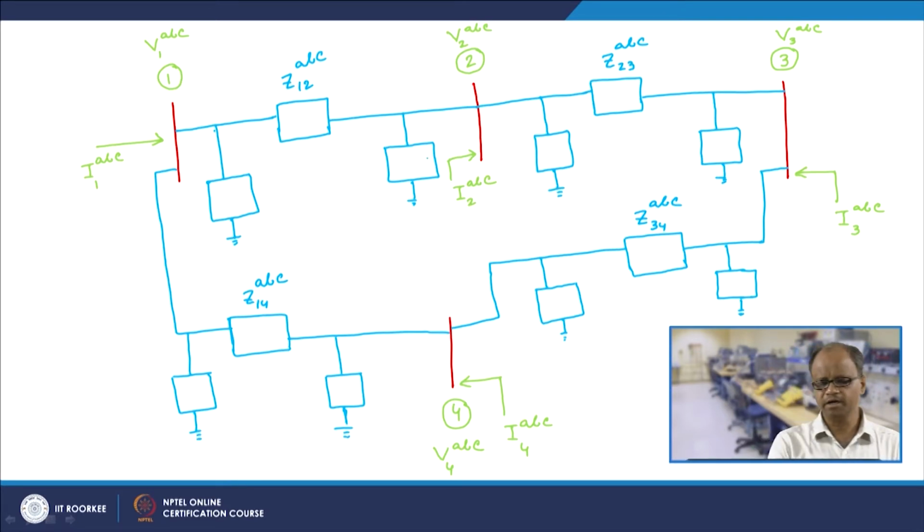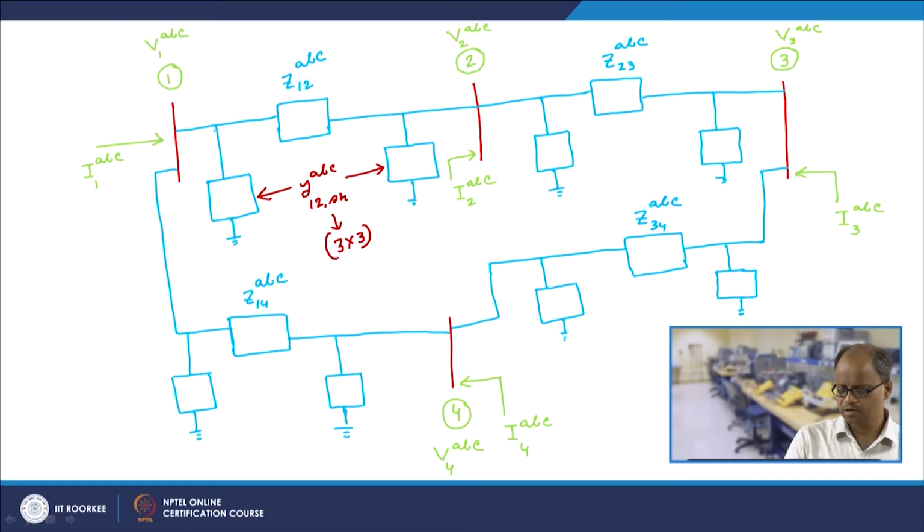What about these matrices? This is Y12 shunt ABC. Please note that all these are 3 cross 3. So this is 3 cross 3, this is also 3 cross 3, this is also a 3 cross 3.